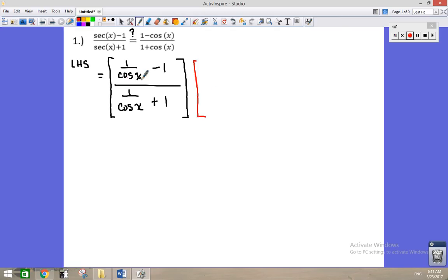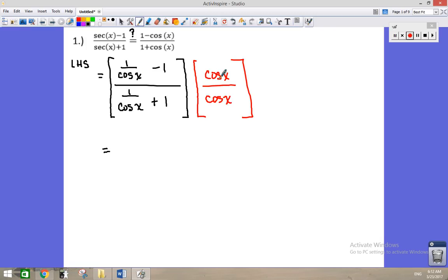This denominator is cosine, and this denominator is cosine. So if I multiply by cosine over cosine, then I'll no longer have a fraction within a fraction. When you multiply fractions, it's much easier than addition and subtraction because you just multiply the numerators together and you multiply the denominators together.